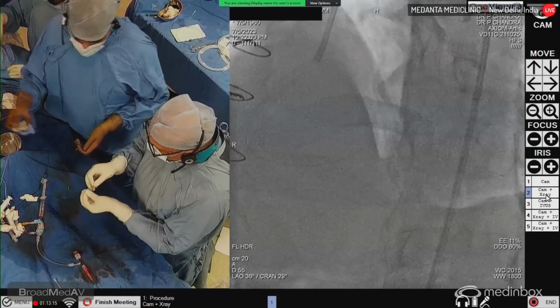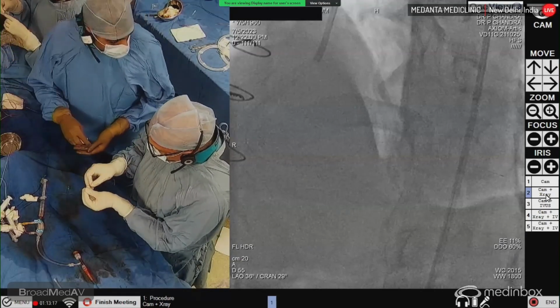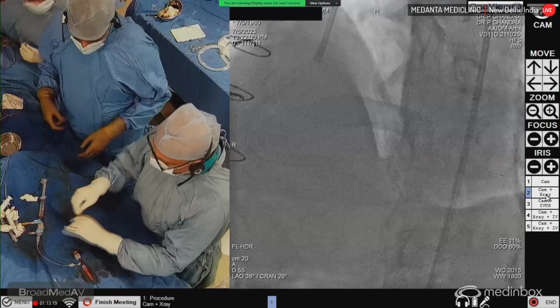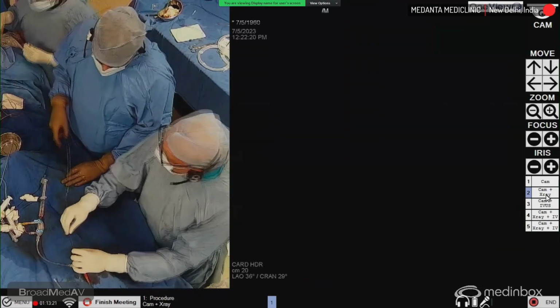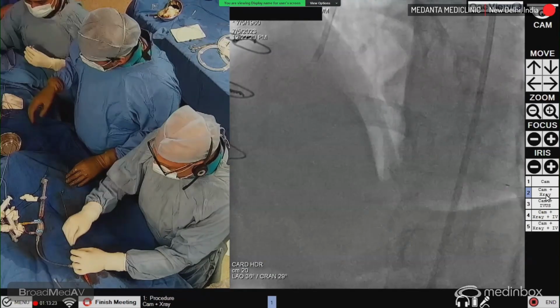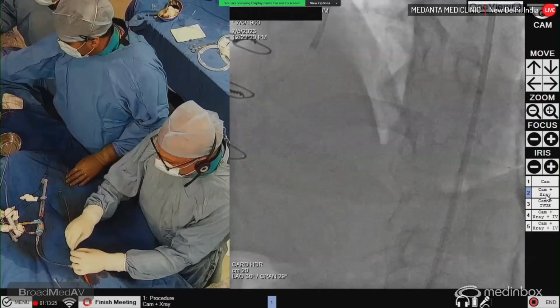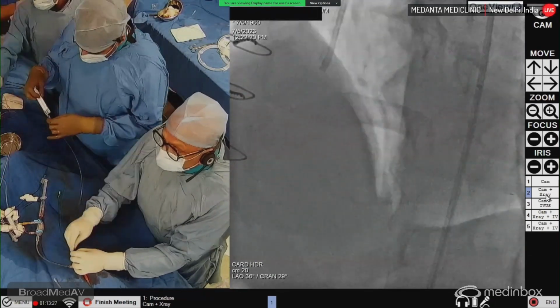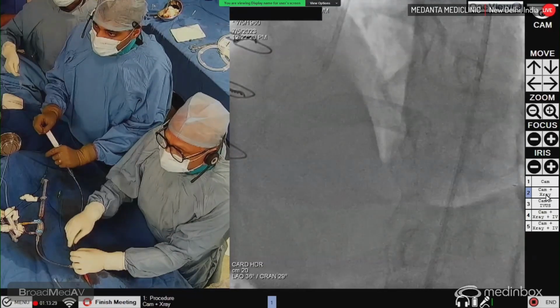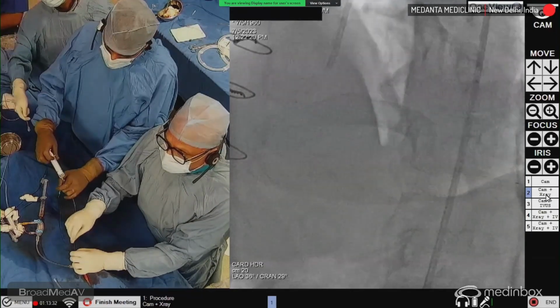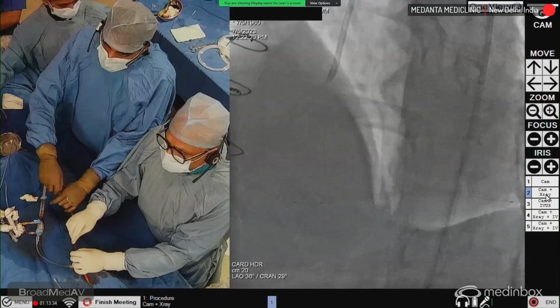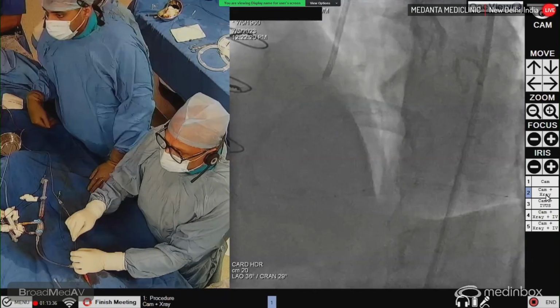Same 2.75. So we will put this 2.75 balloon back again, and do some more dilatations.